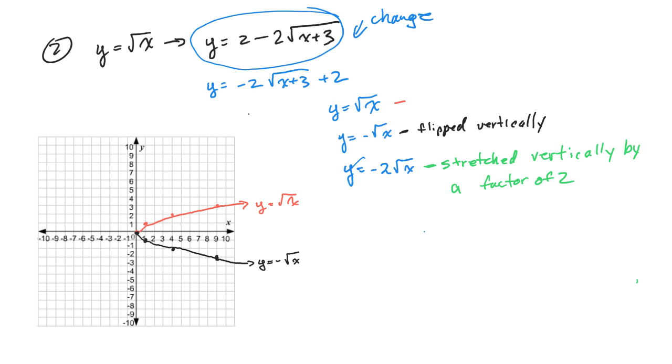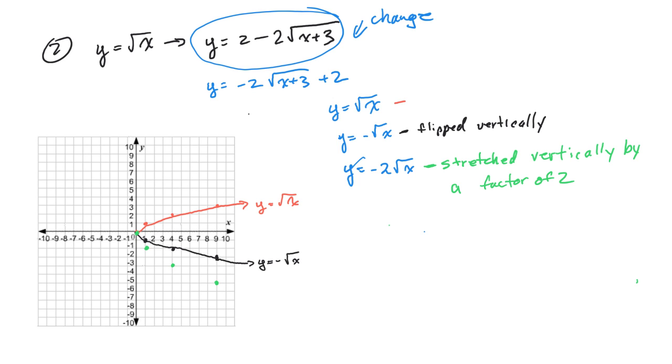So now each of the y's get multiplied. 0 stays at 0, but now 1 goes to negative 2, 2 goes to negative 4, and 3 goes to negative 6.